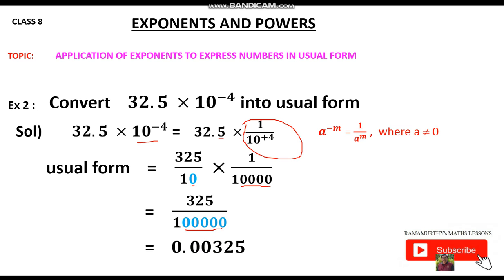When we convert this into decimal form, we count 1, 2, 3, 4, 5, and put the decimal point before the 5 digits.